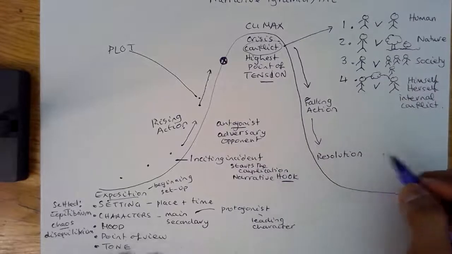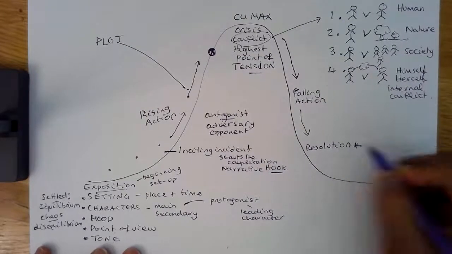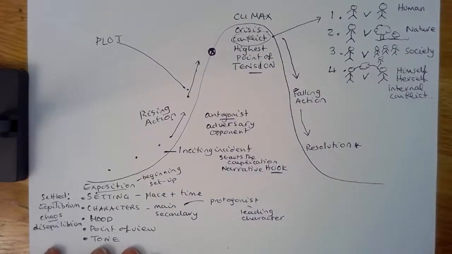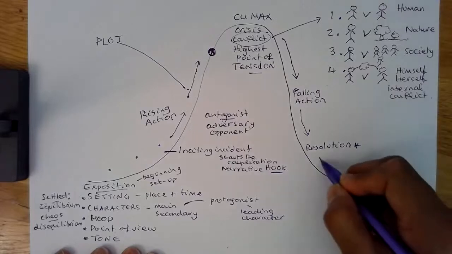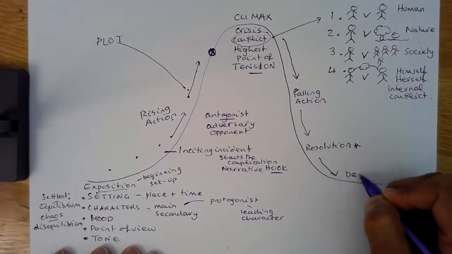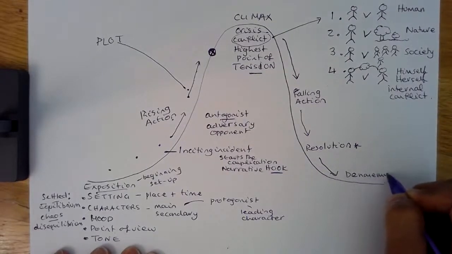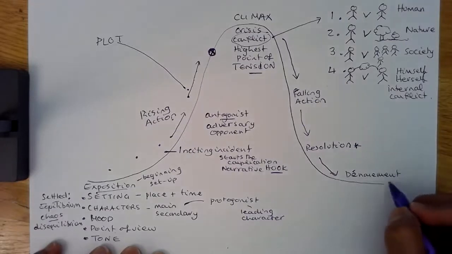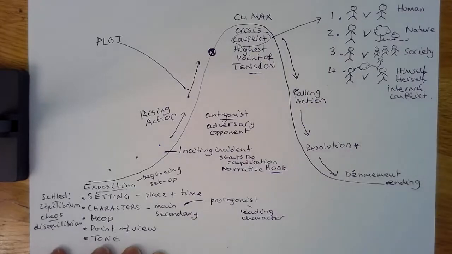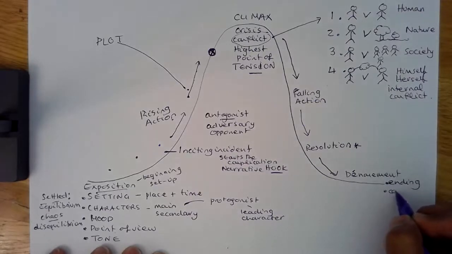At this point, the character solves the main conflict or problem, or someone solves it for him or her. Finally, we have dénouement. This is a French term, dénouement. This is the ending. The conclusion.